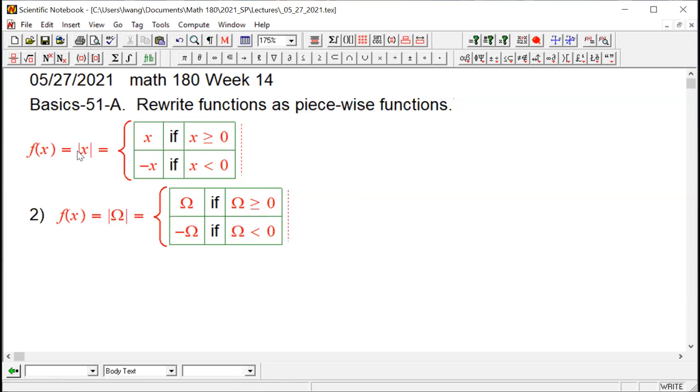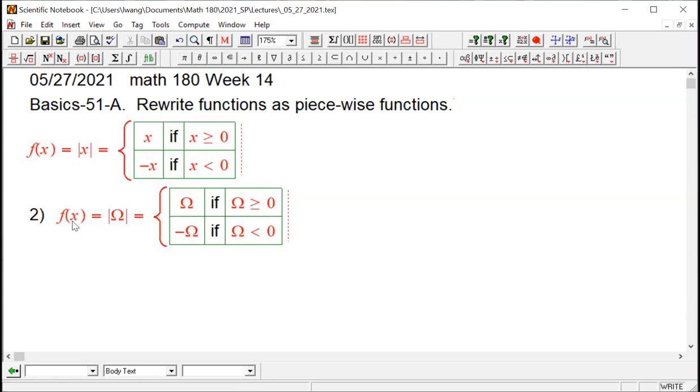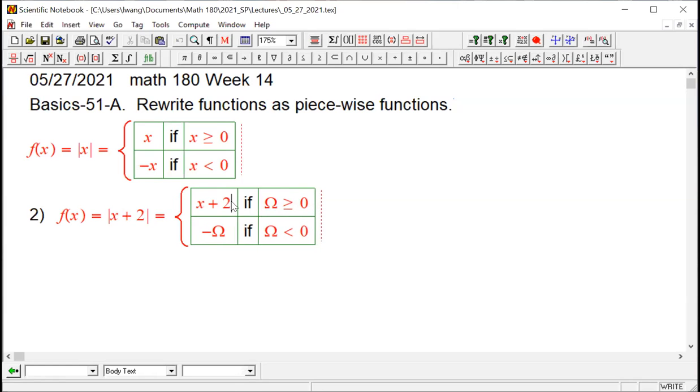If you truly understand this expression, these two pieces, and when you deal with x plus 2, it's just x plus 2 everywhere. Do you see that substitution? That's how you handle it.